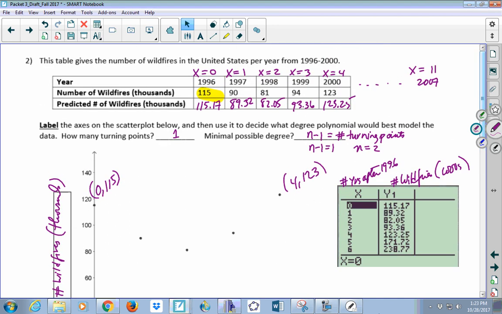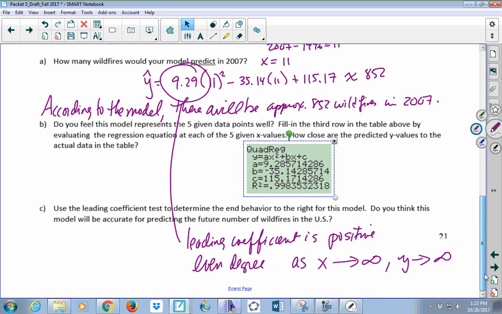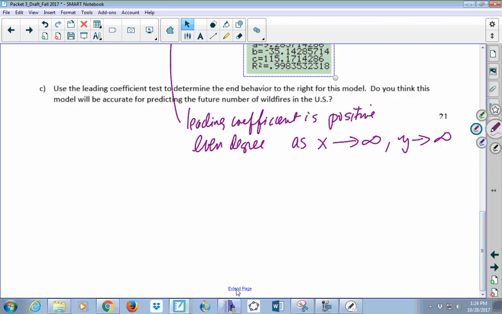So it's probably not realistic if we go too far into the future. And we talked about that throughout the course, that if you go too far outside your data set, then your model can break down. So the end behavior here predicts an unrealistic situation.